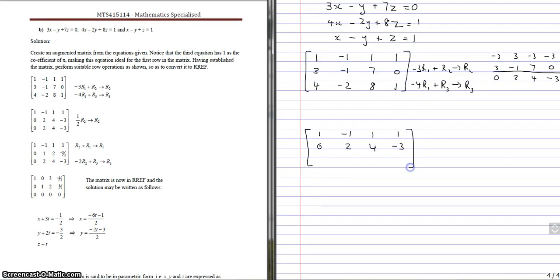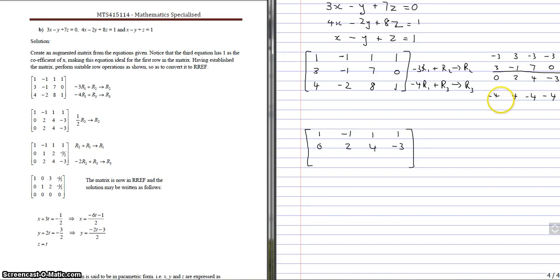I'll just leave the third row blank at the moment because we're going to do the same thing here. We're going to multiply the first row by negative 4, so we've got negative 4 times the elements on row 1, which is negative 4, positive 4, negative 4, negative 4.